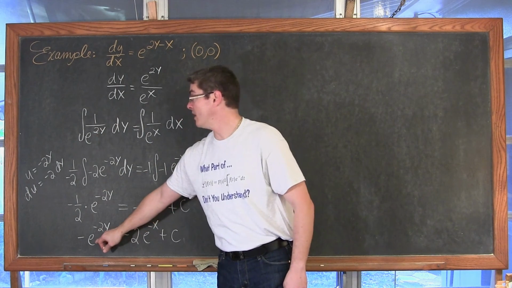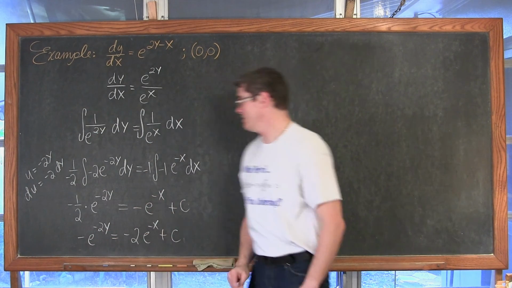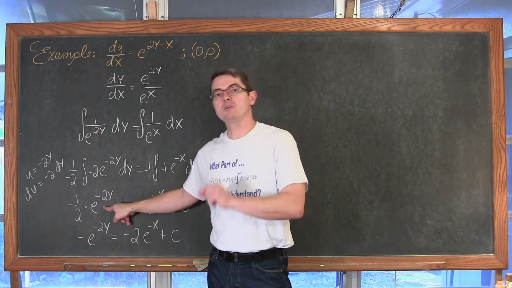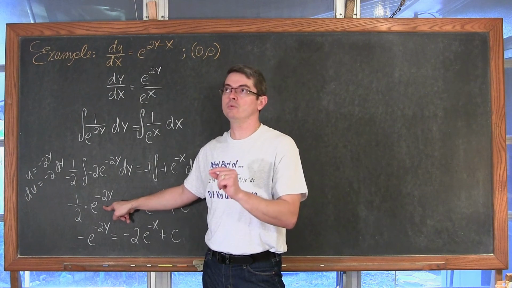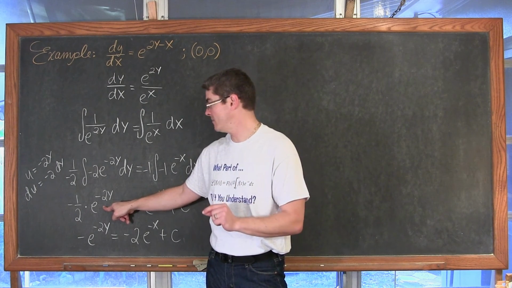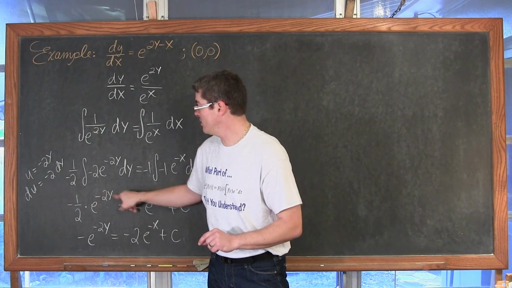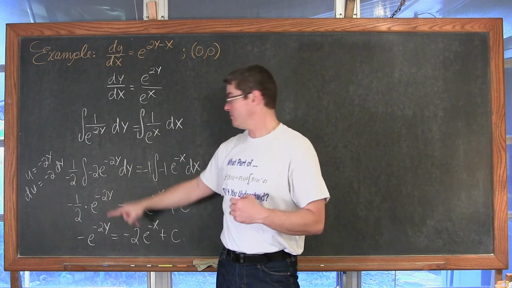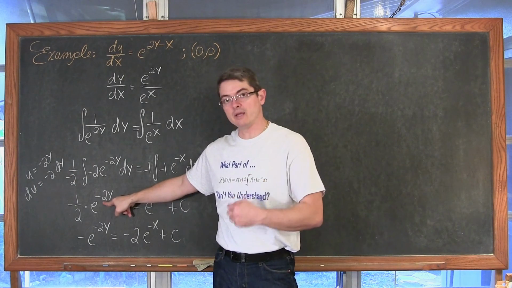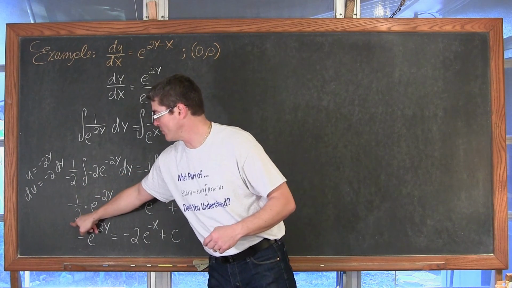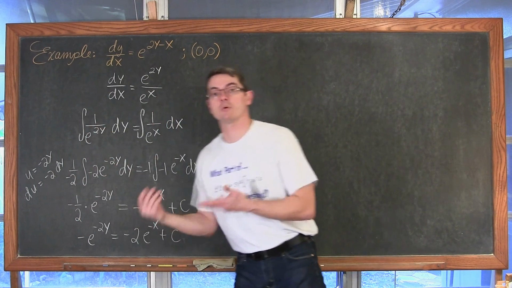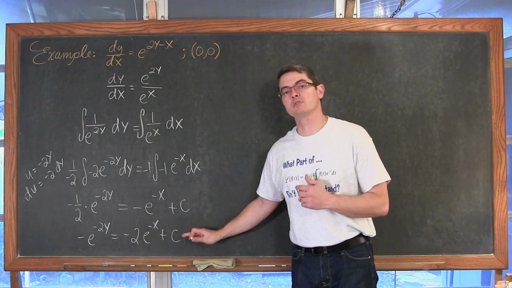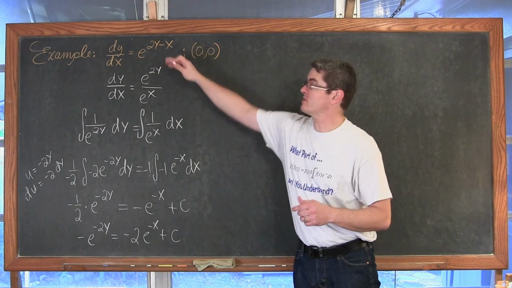The derivative of e to the u would be e to the u times u prime. That would be -2, which would cancel out with the multiplication of -1/2 and get us right back to where we started from, so it would check out okay. And this is our general solution to this differential equation.